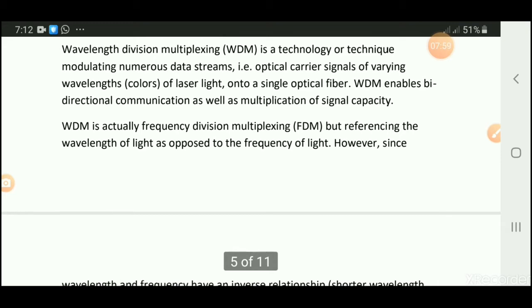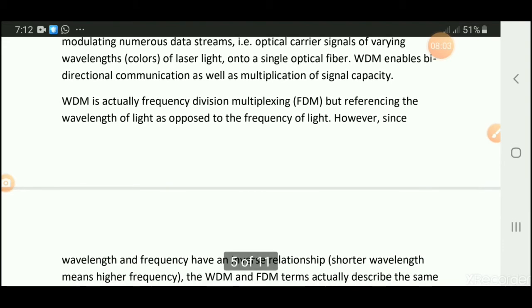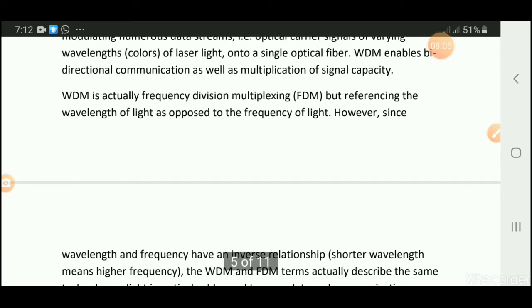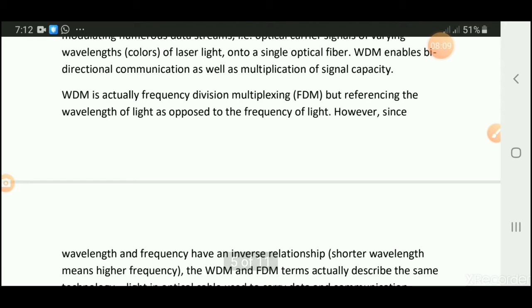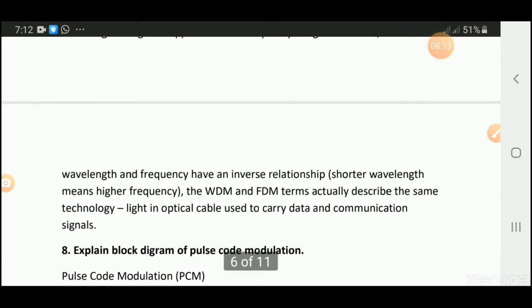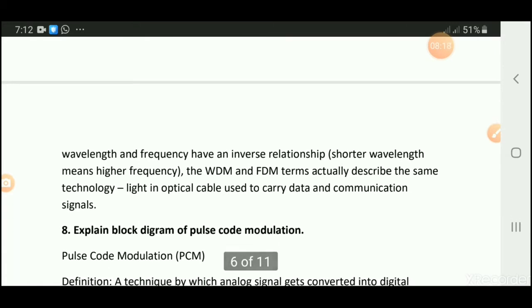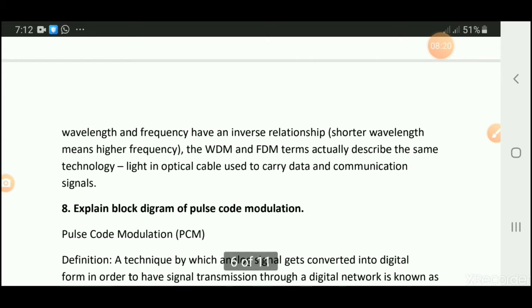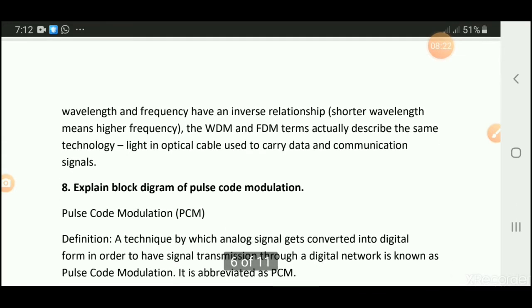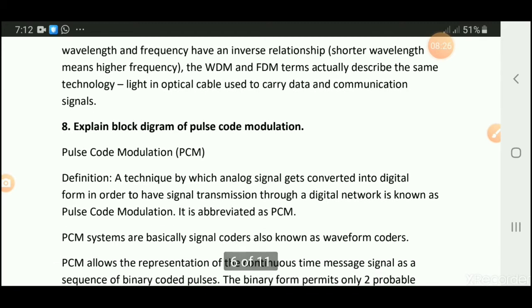WDM is actually frequency division multiplexing, but referencing the wavelength of light as opposed to the frequency of light. However, since wavelength and frequency have an inverse relationship, the WDM and FDM terms actually describe the same technology, light in optical cable used to carry data and communication signals.